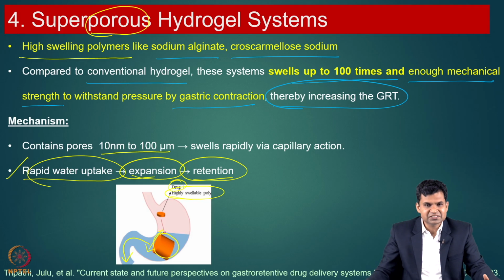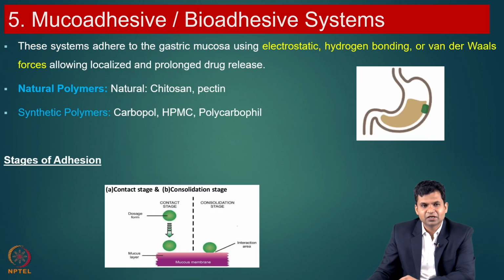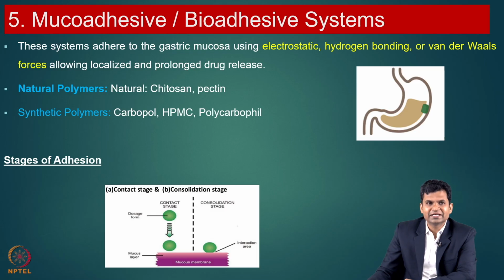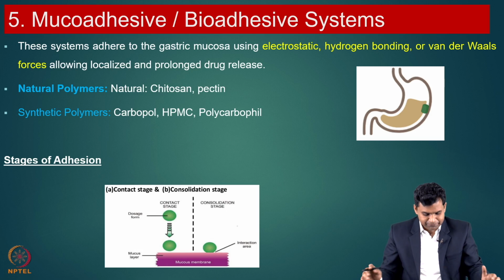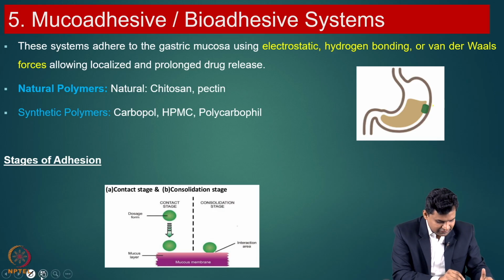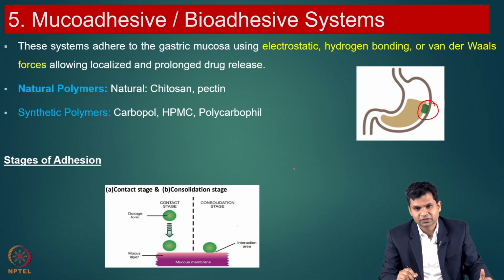So, this is also one of the mechanisms we can use in gastroretentive drug delivery systems for the improvement of conventional oral drugs. Another topic is the mucoadhesive or bioadhesive gastroretentive drug delivery systems, and we know the mechanism of mucoadhesion. You can see in the pictorial representation that this molecule specifically attaches to the biological systems, whereas in conventional systems the medicine comes and leaves the desired site.